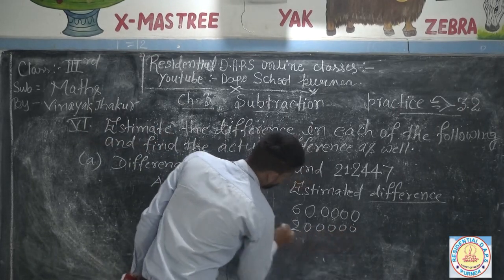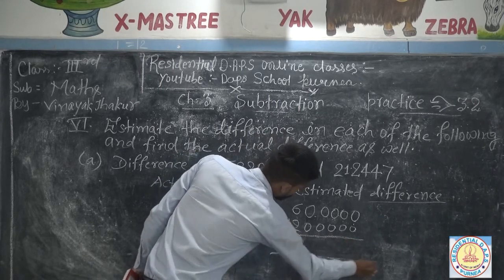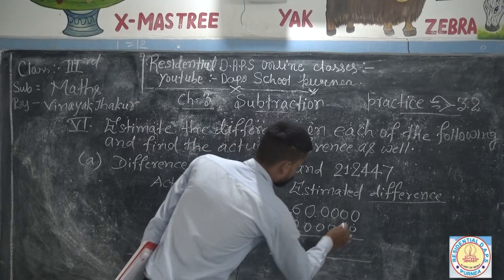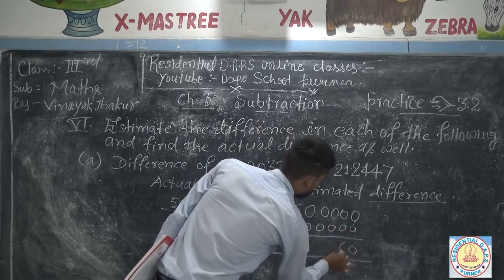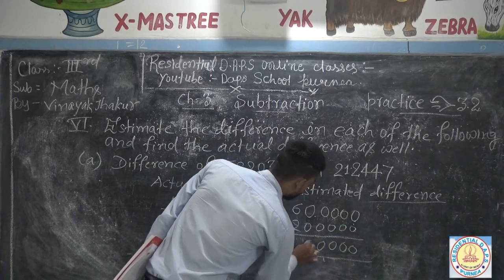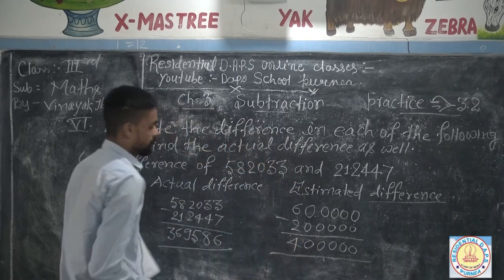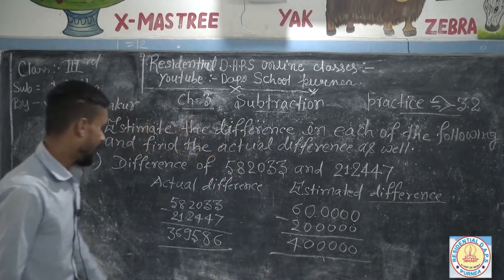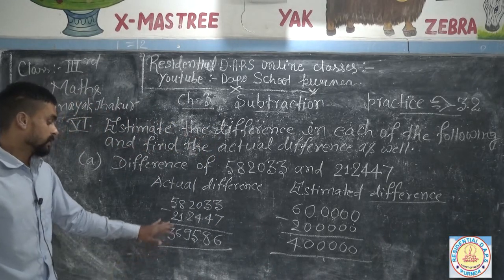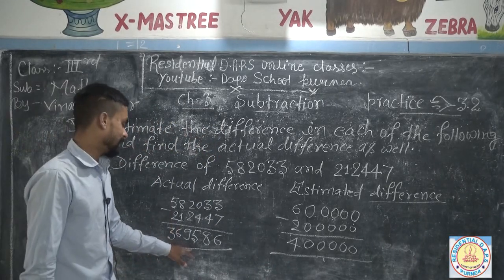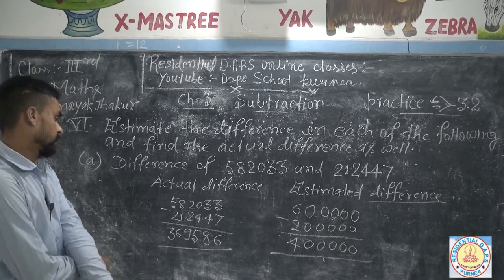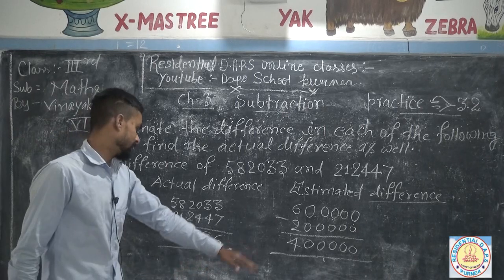So you just have to find the difference between these two. Your estimated difference is 4 lakhs and the actual difference is 3,69,586. So this is your actual and this is the estimated.